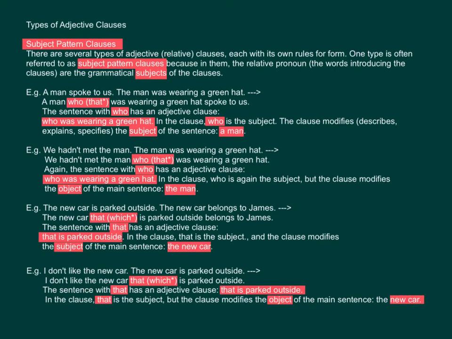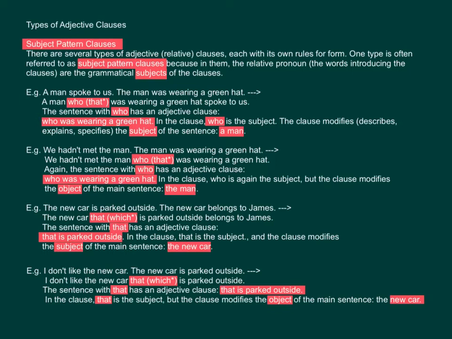Types of adjective clauses. Subject pattern clauses. There are several types of adjective or relative clauses, each with its own rules for form. One type is often referred to as subject pattern clauses because in them the relative pronoun, the word introducing the clause, is the grammatical subject of the clause. For example, a man spoke to us.